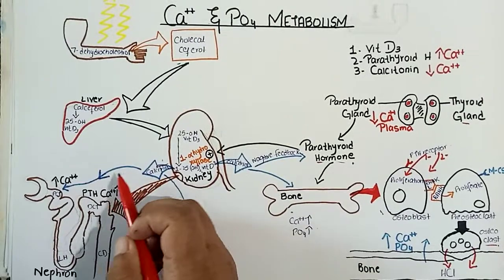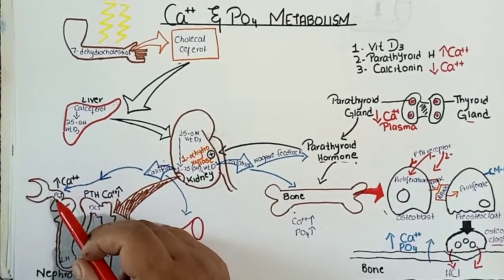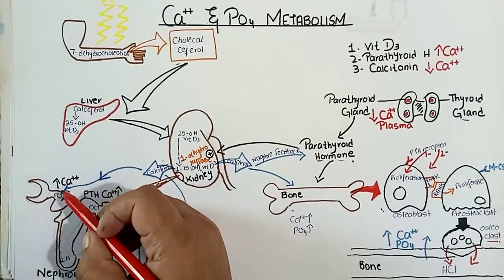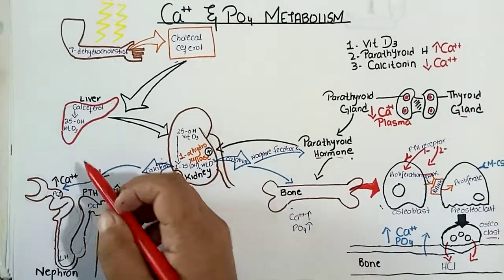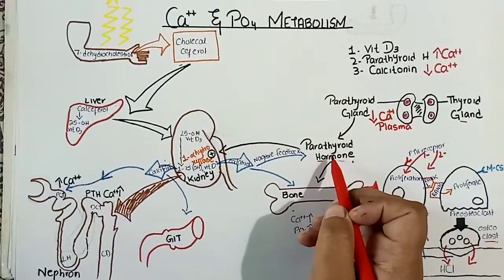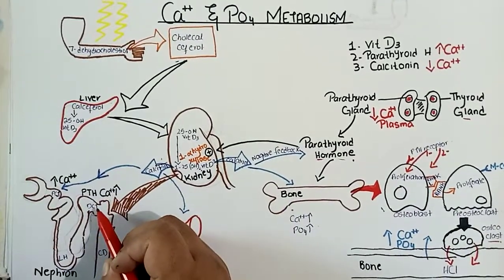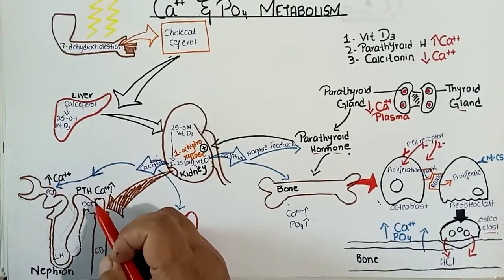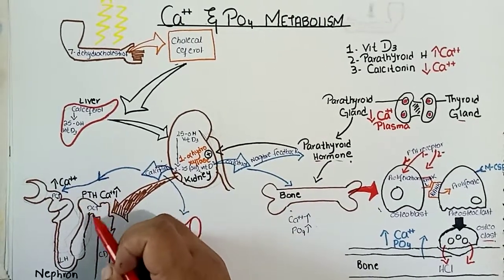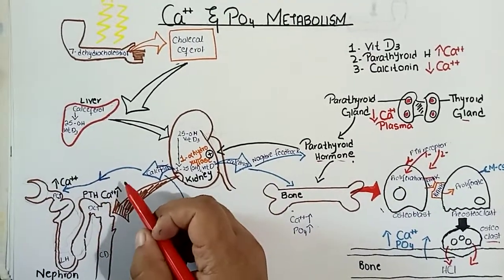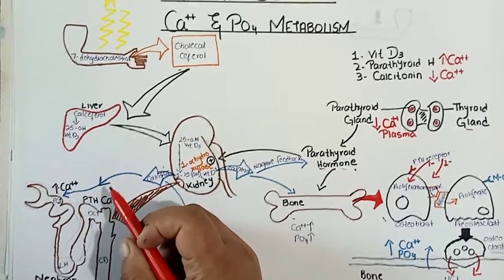This calcitriol will act on the proximal convoluted tubule and increase the calcium level of the plasma. And the parathyroid hormone will act on the distal convoluted tubule, and it will also cause the reabsorption of calcium from the distal convoluted tubule and elevate the plasma calcium level.